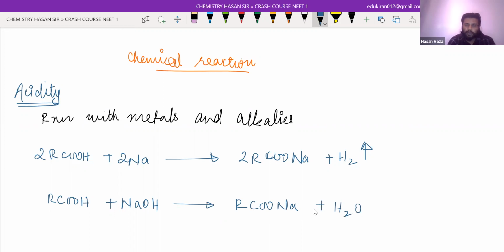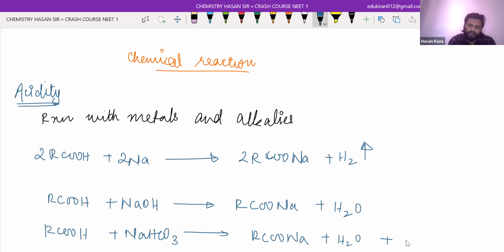Please do write it. And if you are going to react this carboxylic acid with sodium hydrogen carbonate or sodium carbonate, again you will be getting salt plus H2O plus CO2. This reaction comes from class 10, which is very, very easy. So please do write it.